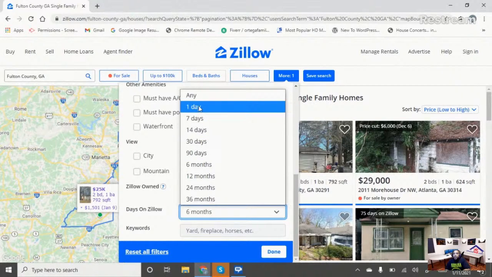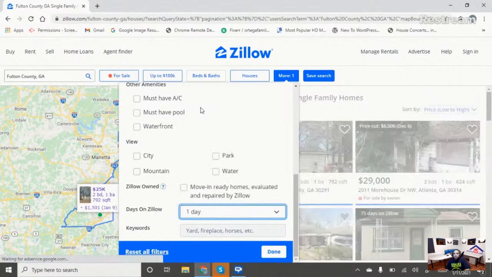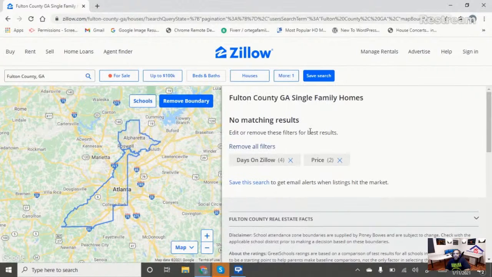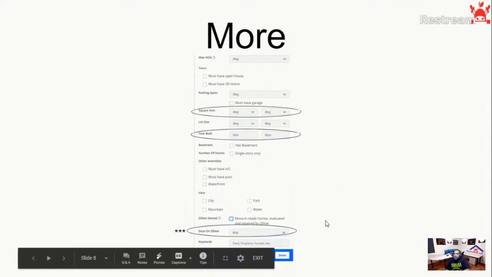But either way, if you're doing this every day, I would set it up for the new properties for the last day or so, so you can see the newer ones, if that makes any sense. So that's a very important thing to look at.